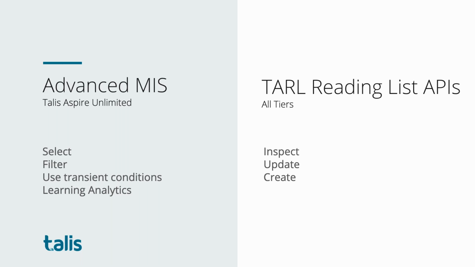You can find that information from the Advanced MIS database, and then you can use that information with the APIs to actually do something like inspect the records that we're interested in, maybe update those records, or maybe even create things if they don't exist yet. So there's a number of angles to that.